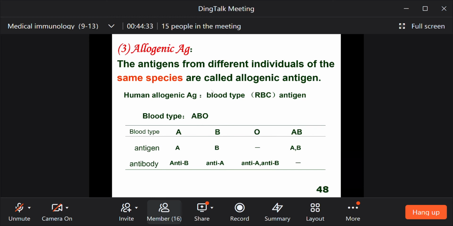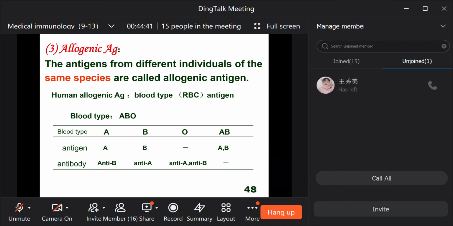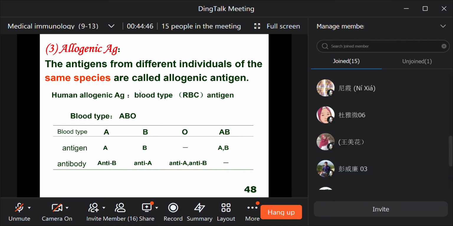And another term is allogenic antigen. The allogenic antigen is the antigen from different individuals of the same species.